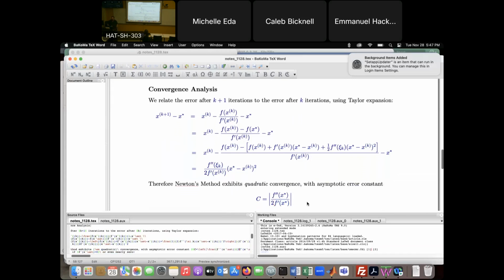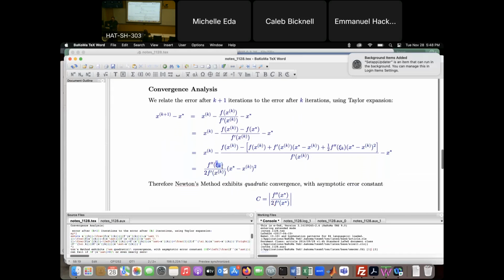So questions about the convergence analysis? Yes. So x asterisk, the asterisk is the true value, the exact root, yeah. And since xk is presumably converging to the root, that's how we get x star down here.